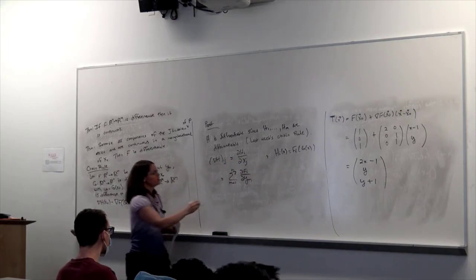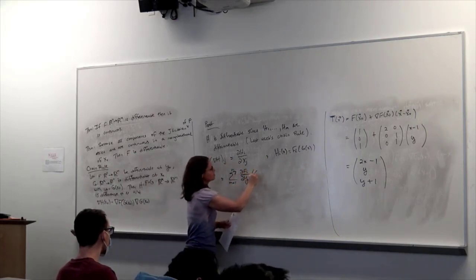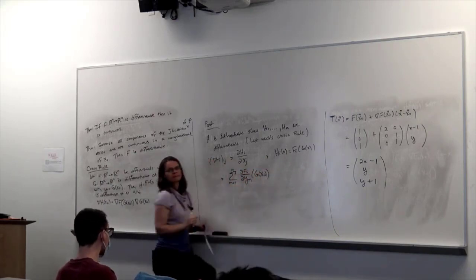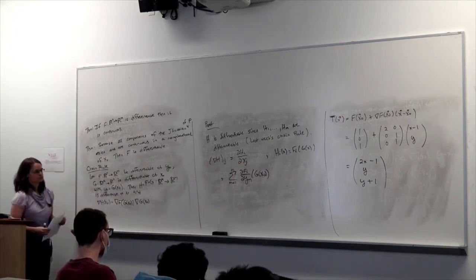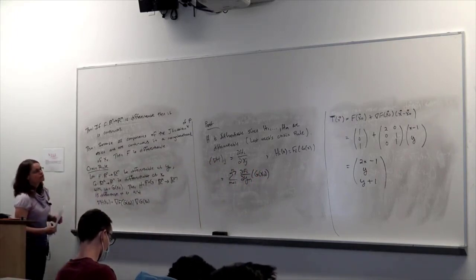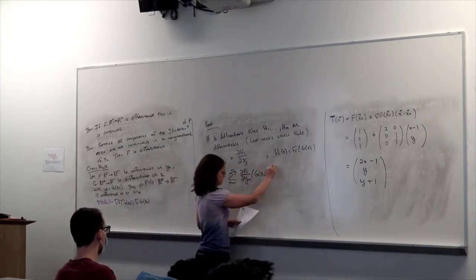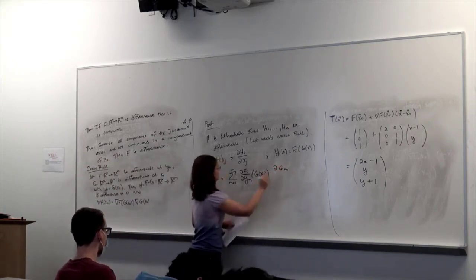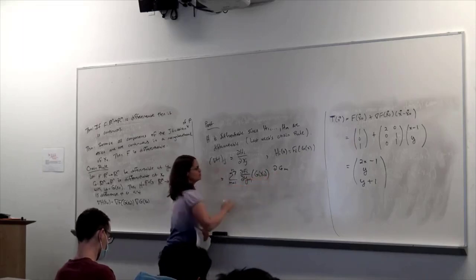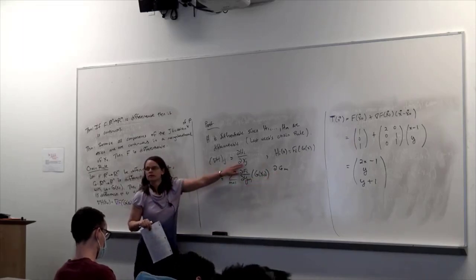Okay, this evaluated at g of x naught, times the appropriate partial derivative of g. So the mth component of g with respect to xj.